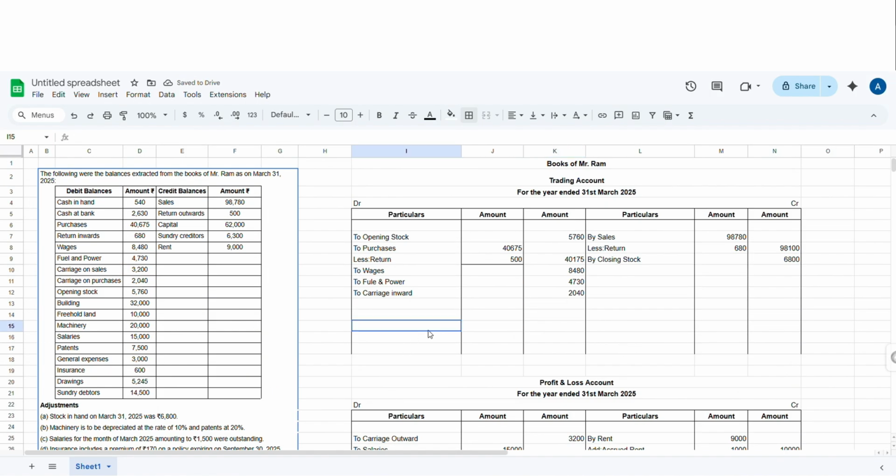We have recorded all the transactions. Now let's close the accounts. Trading account 61,185. Here it is 1,04,900. So 1,04,900 minus 61,185.